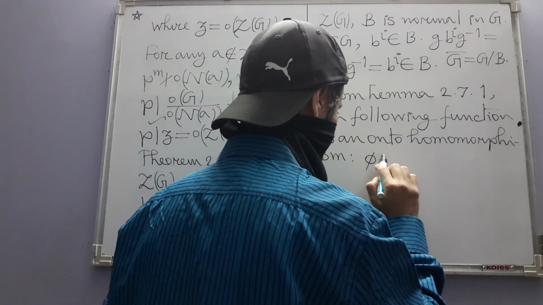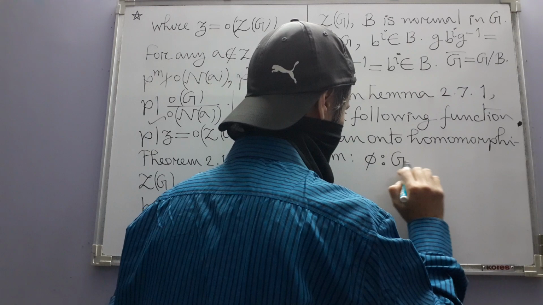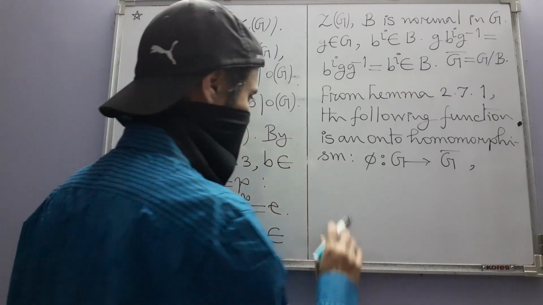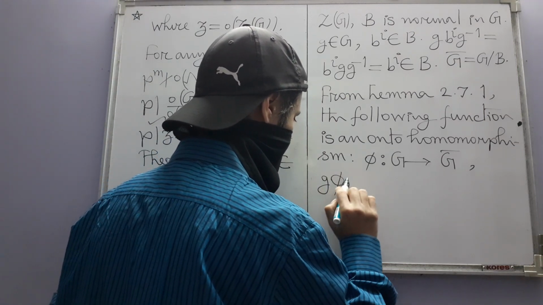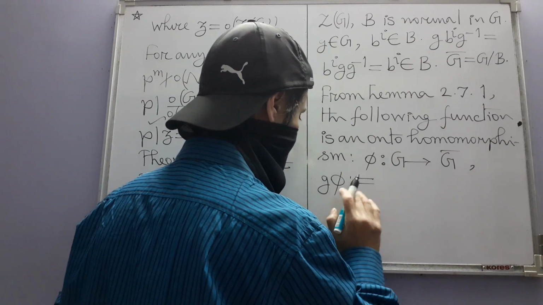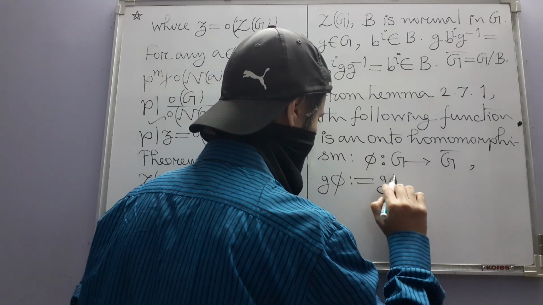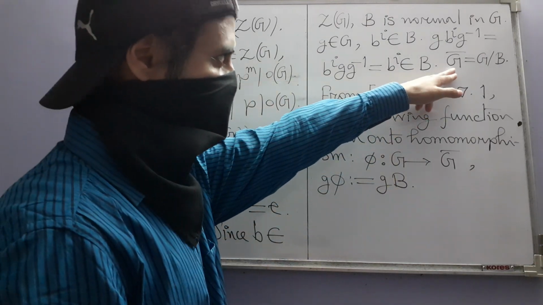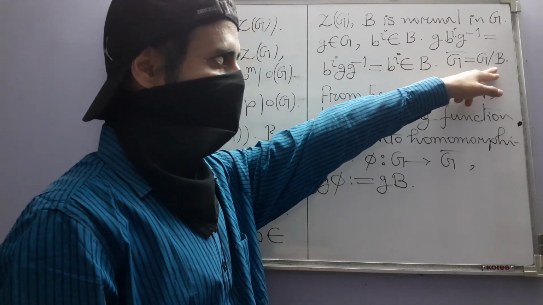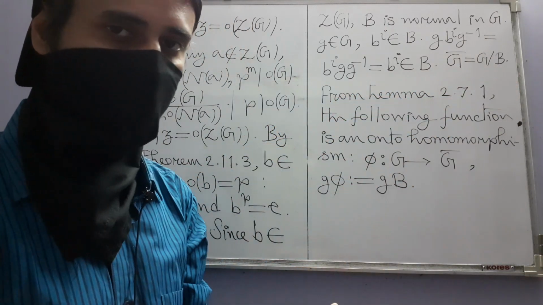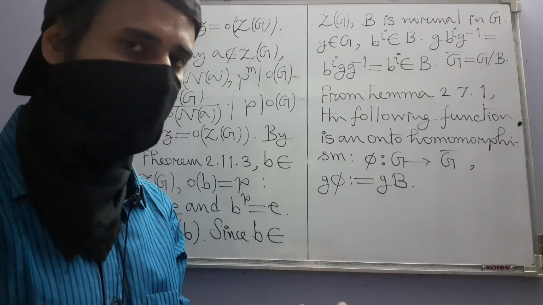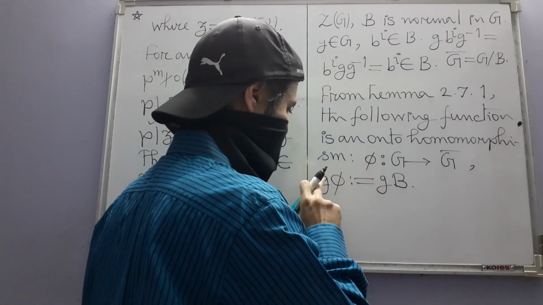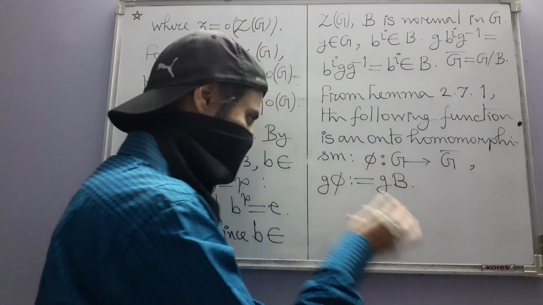The function that maps G into G bar, and the definition of the function is this: phi of g equals gB. So this quotient group has as elements cosets of B. Left coset or right coset, it does not matter because B is normal, so left, right, same. So what this function does is that it maps every element to the coset where it belongs.